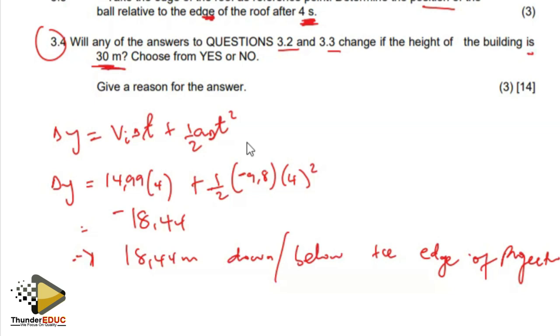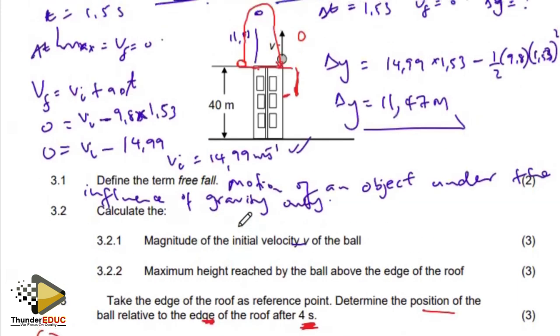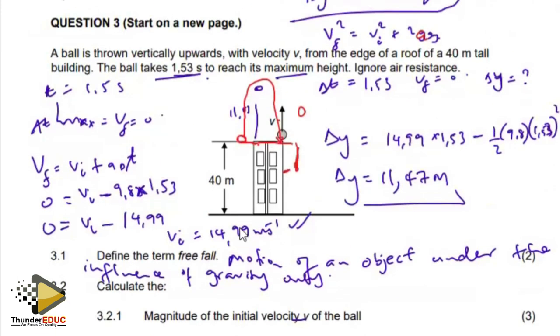Now, looking at what we've been working with in 3.2 and 3.3, we've not applied this height in any way. So the fact that this 40 is not in any of our calculations means it does not have an effect on the maximum height that the ball must reach.